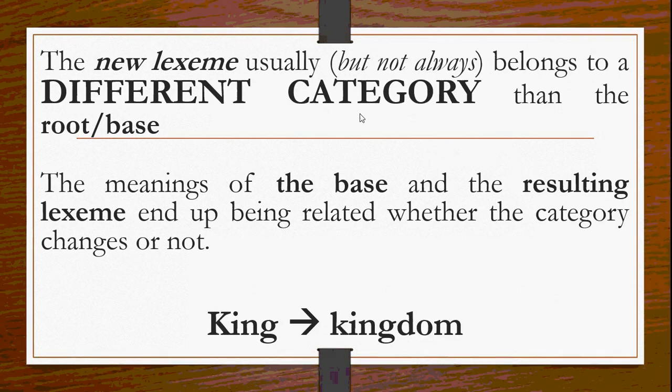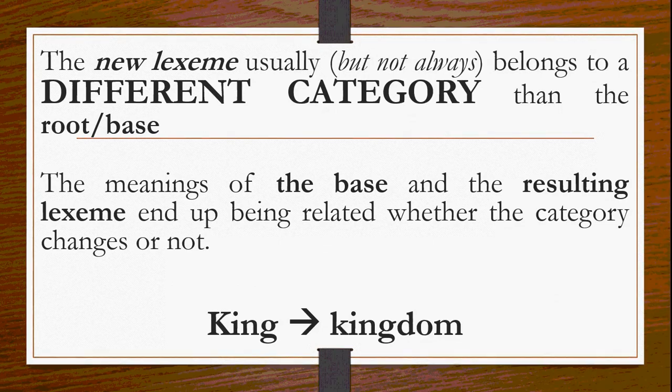All right, so the new lexeme usually, but not always, belongs to a different category than the root or the base, right? So this is also something from the workshop. Not always is the new word going to belong to a different category, but most of the time, it will. But it doesn't matter if it belongs to a new category or not.